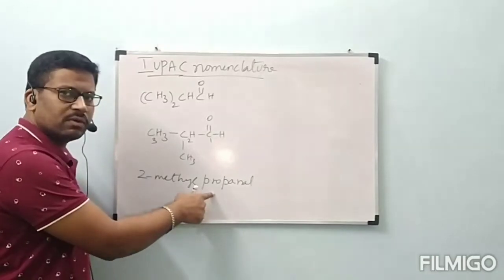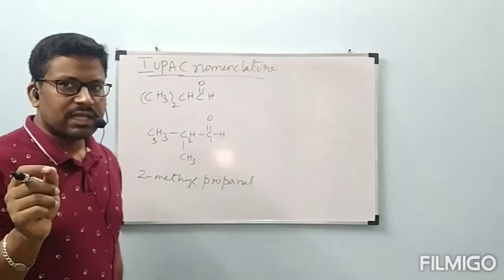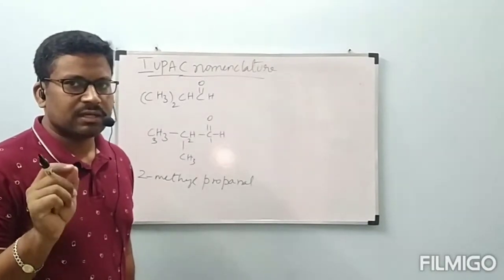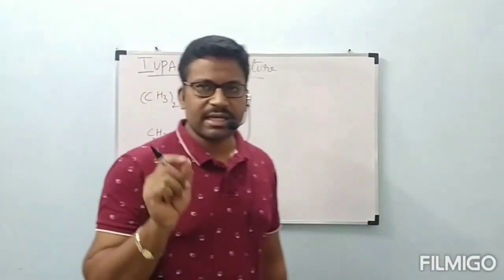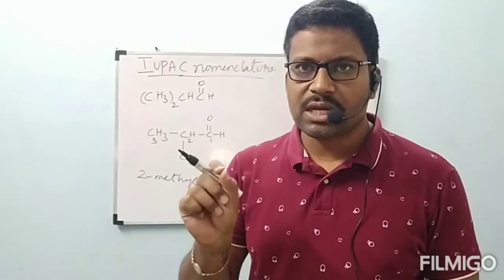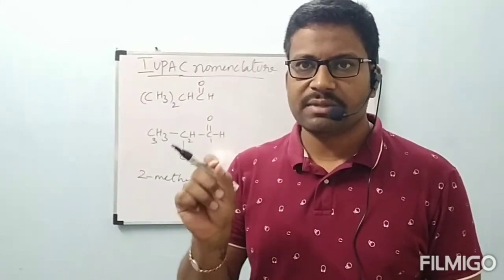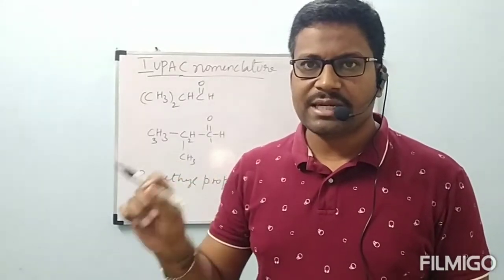Three carbons means root word prop, and all are single bonds. C double bond O is not treated as unsaturated. We know that only C double bond C or C triple bond C, that is alkenes or alkynes, are treated as unsaturated. All the remaining compounds are treated as saturated.